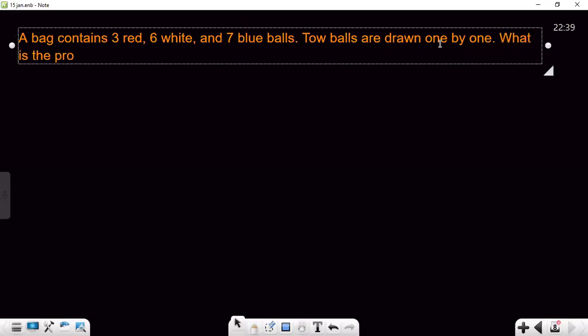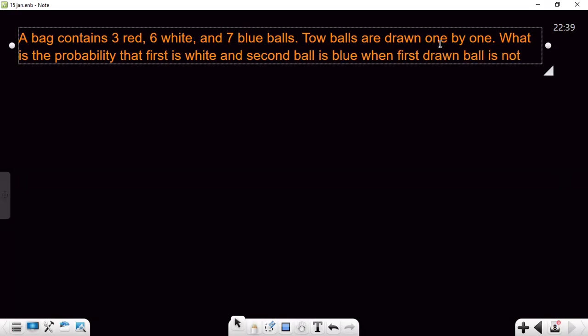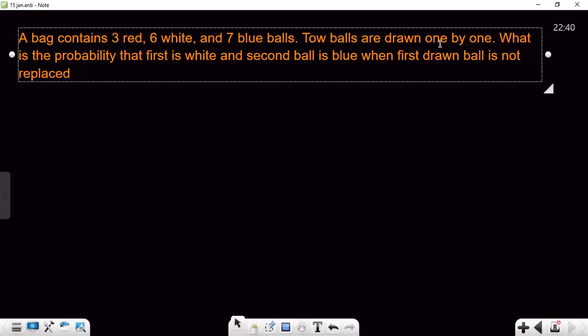What is the probability that the first ball is white and second ball is blue when the first drawn ball is not replaced in the bag? That is the question.